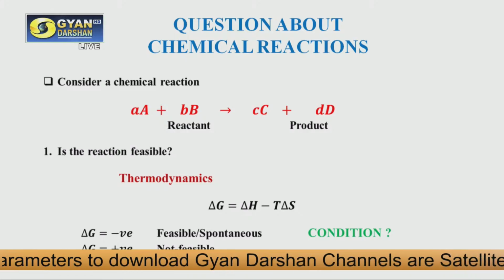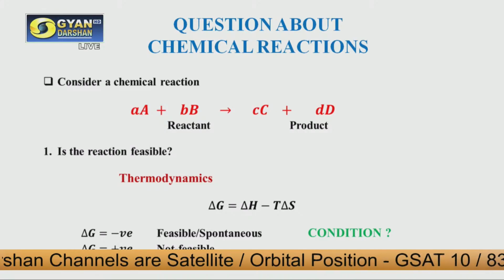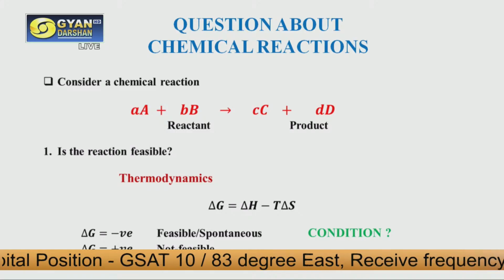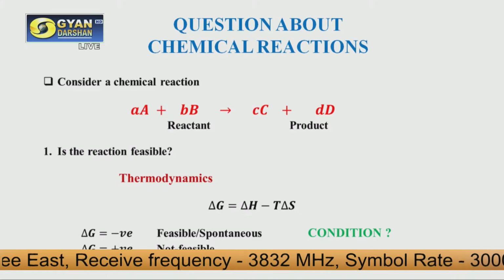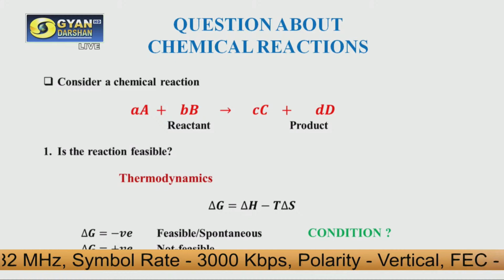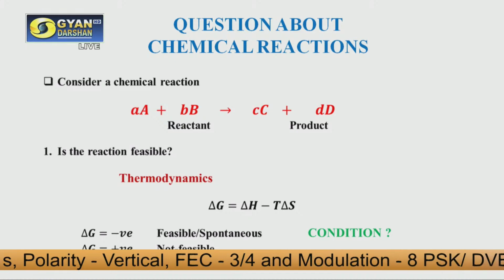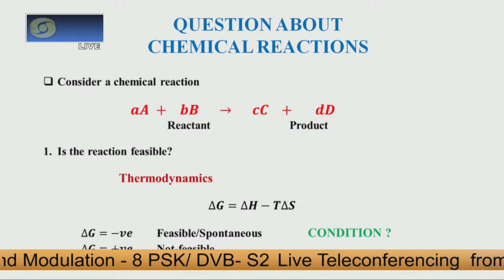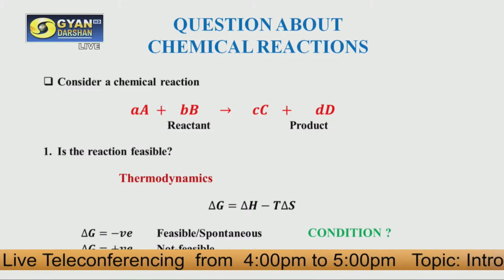Here the chemical reaction is given: a moles of A and b moles of B give c moles of C and d moles of D. Suppose this is a stoichiometrically balanced equation. a moles of A and b moles of B are the input, that is, the reactants, and c moles of C plus d moles of D are the products. So after giving the input, we get C and D as products in c and d moles respectively. So suppose this is the balanced equation, and in our case it is the chemical reaction.